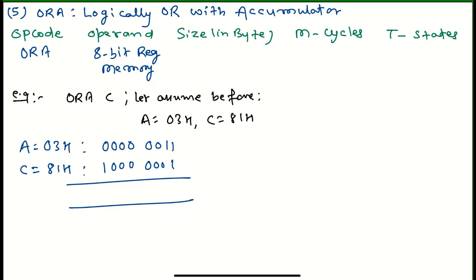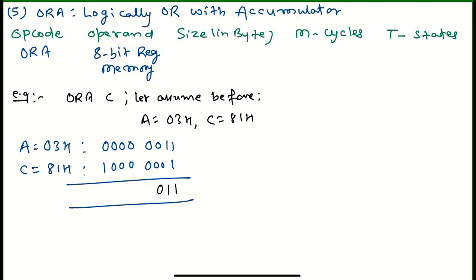If both the inputs are 0, then as per the logical OR operation, the output will be 0. From the very first stage, 1 ORing with 1 gives the output 1. From the second stage, 1 logically ORing with 0 gives the output 1. From the third stage, both inputs are 0, so the output will be 0.